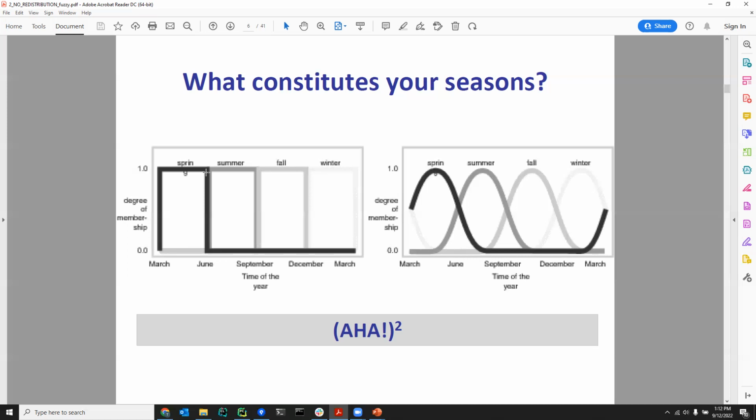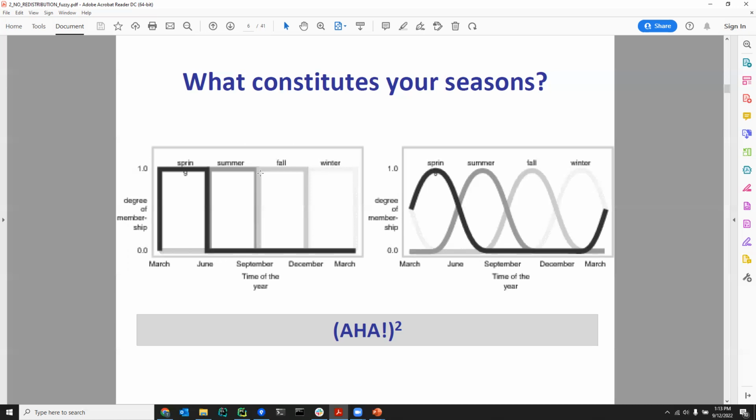Now, we know that that's not really how things work. Maybe some people would argue that here in Ohio, that's how it works. The switch gets flipped and it's immediately fall and you get changing weather. But generally, there's more of a gradual change where it's not just set on the calendar date that it's completely fall. It still has properties of summer and properties of fall.